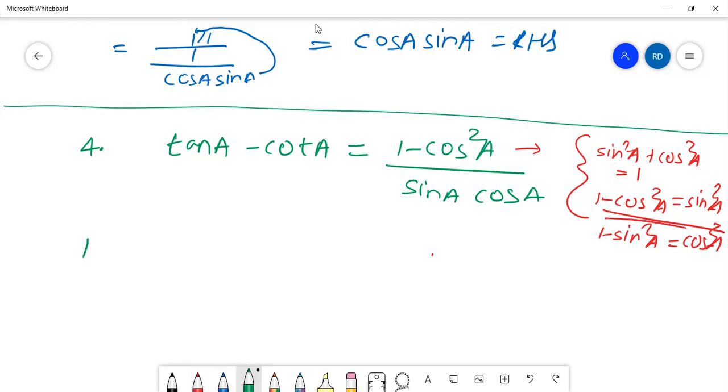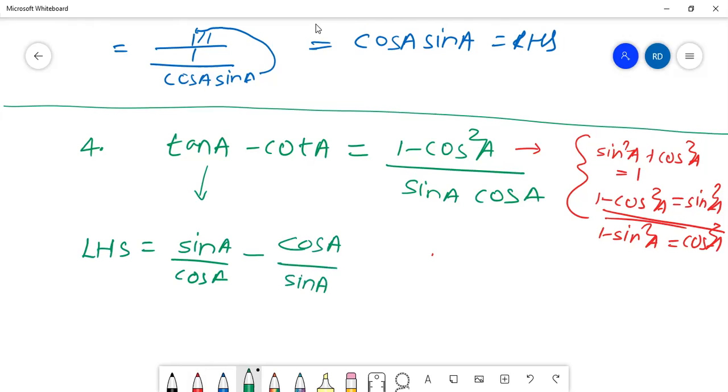So I'll take LHS first, and right away convert tan and cot into sin and cos. So tan A is sin A upon cos A, and cot A is cos A upon sin A. So this will become sin square A minus, I'm really sorry, here it was 2.